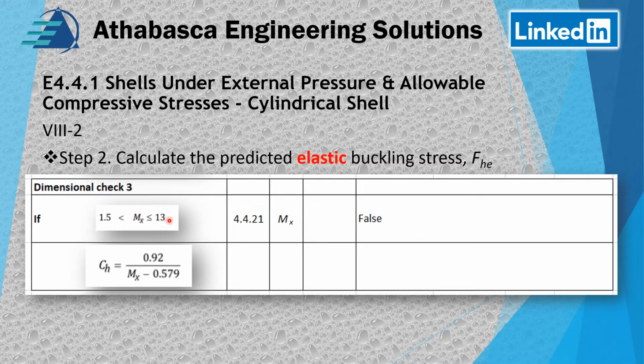If our MX value is between these values, then we have to use this relationship. I didn't bother showing you the math, but in this case, we wouldn't be using it. We would be using the check number 2 answer to figure out what our allowable external pressure is.